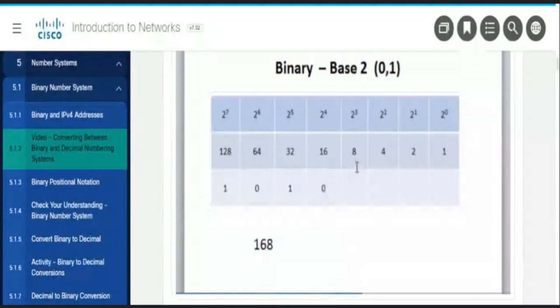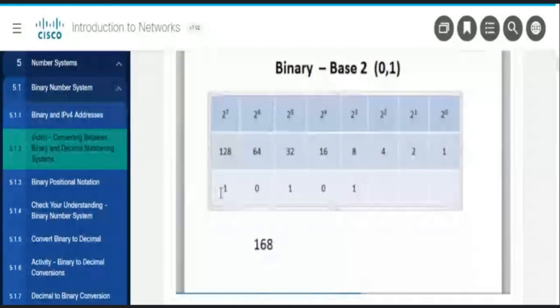What about an 8? If I add an 8, I'll hit the number perfectly. 128 plus 32 plus 8 is 168. I'll follow this up with zeros in the 4's place, the 2's place, and the 1's place.